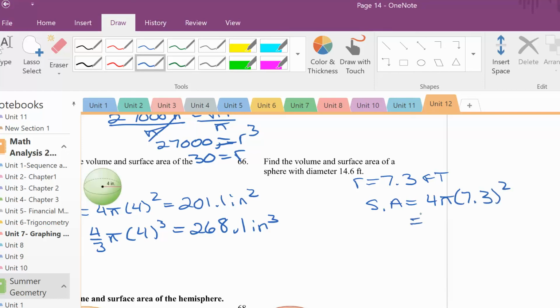So 4 times pi times 7.3 squared gives you 669.7 square feet. And then the volume is 4/3 pi r cubed, which is equal to 1,629.5 cubic feet.